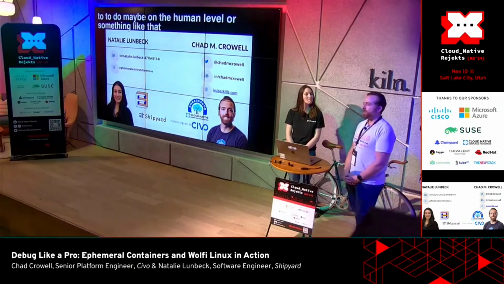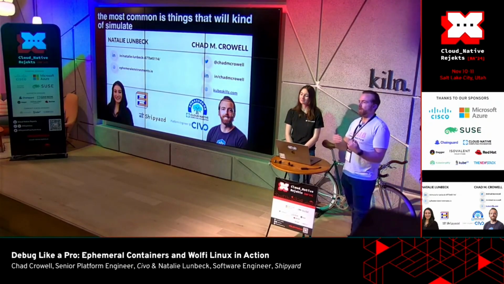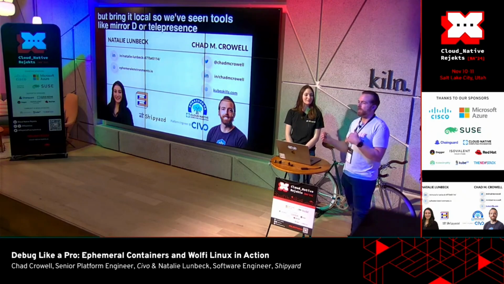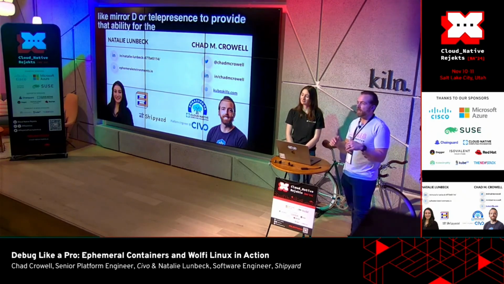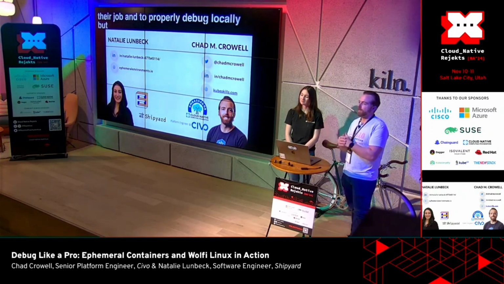Yeah, I would say the most common are things that will simulate the production environment but bring it local. So we've seen tools like mirrord or Telepresence to provide that ability for the developer to do their job and to properly debug locally, while simulating that production environment.